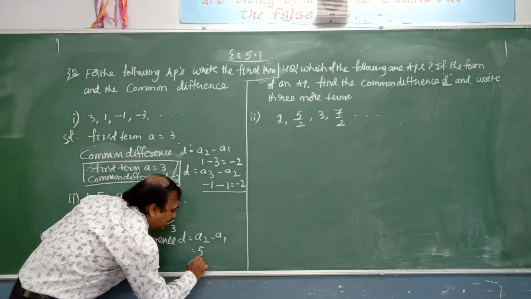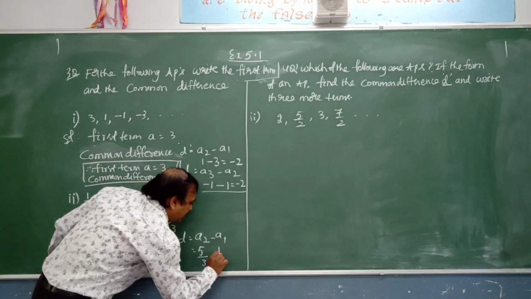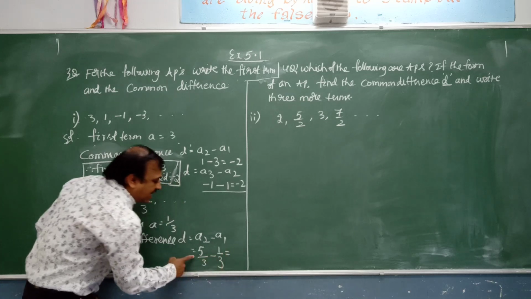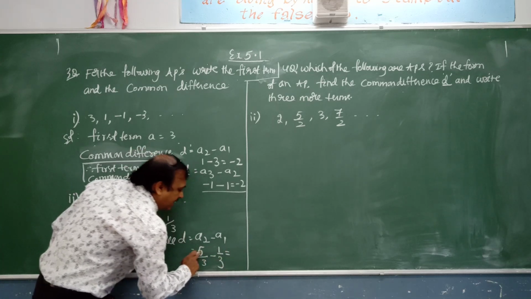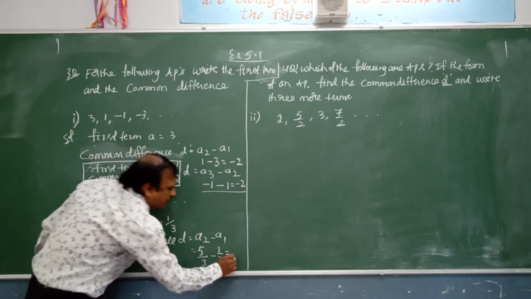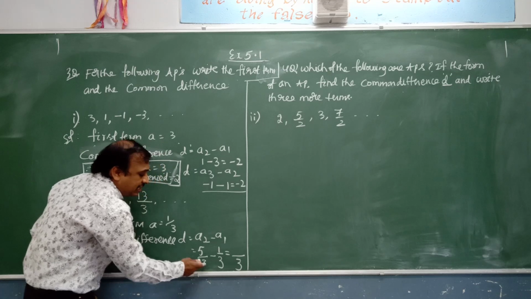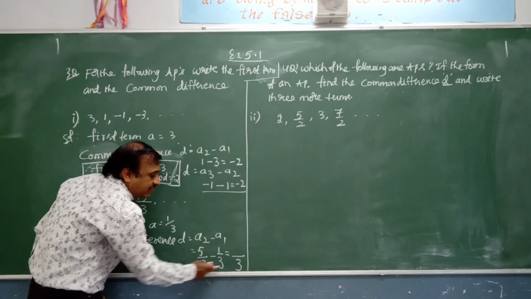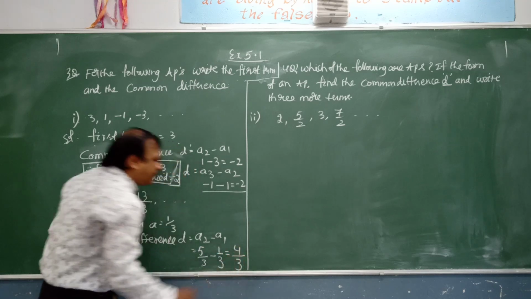So 5 by 3 minus 1 by 3. They are like fractions, so we write the same denominator and subtract the numerators. 5 minus 1 is 4.